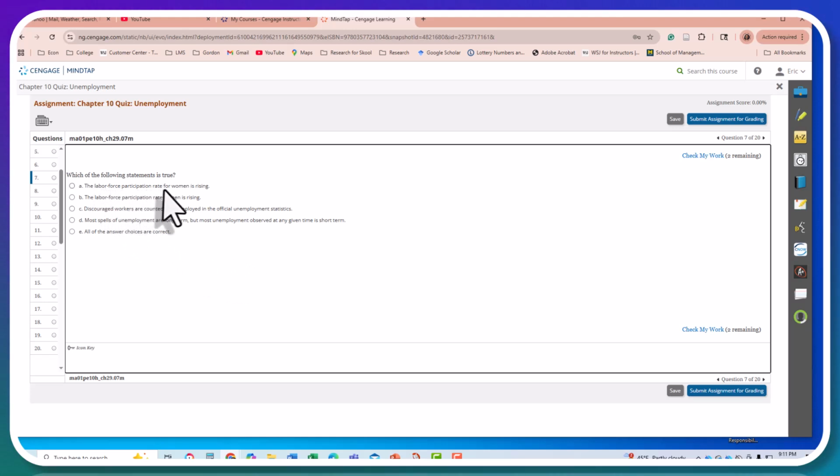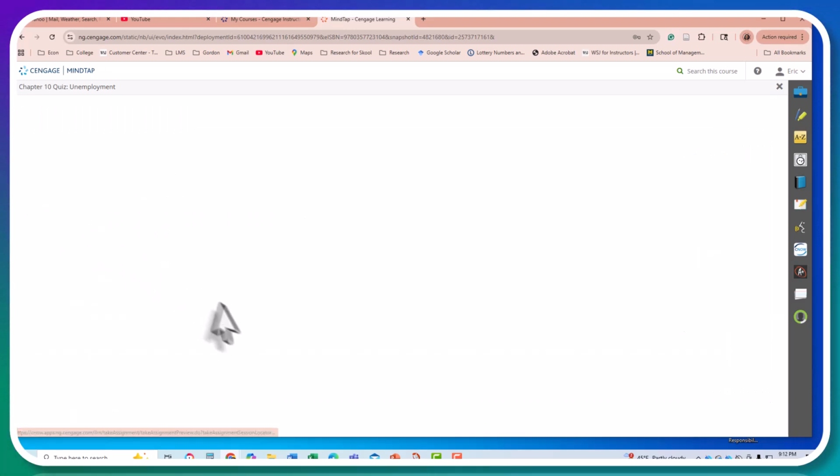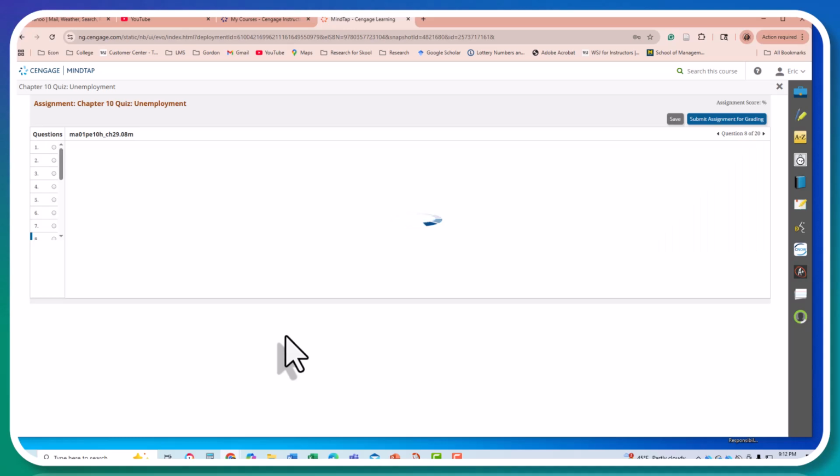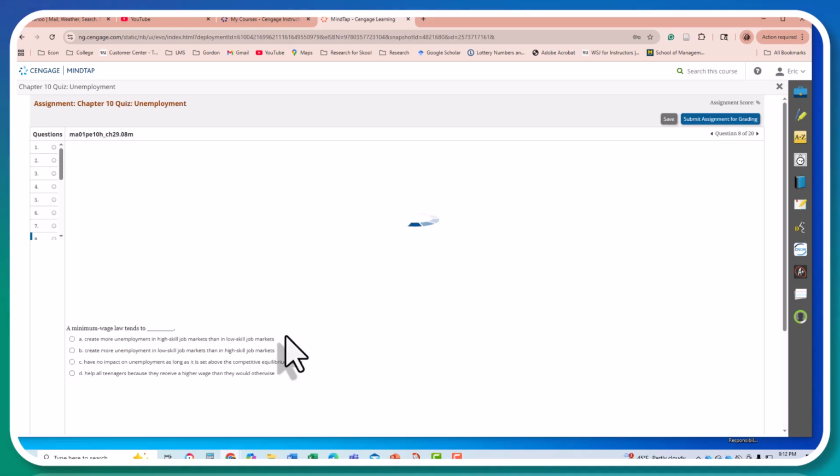Labor force participation rate for women is rising. Yes, there is a graph on that, and that is on page 191. You have to look up the other ones, but one of those answers is right there.